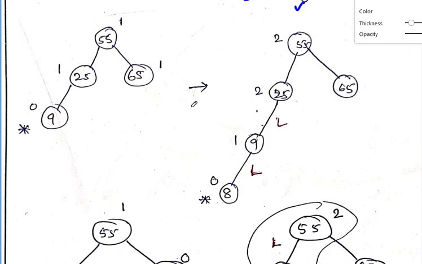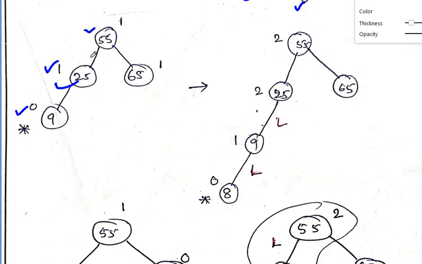Now let's check when we insert the next element, that is 9. Since 9 is first compared with 55, it is less than 55, so it has to be at the left of 55. It will be compared with 25, it is less than 25, so it has to be at the left of 25. After inserting 9, let's calculate the balance factor: 0 for 9, because 1 minus 1 is 0. Then for 25 it is 1 minus 0, so it will become 1.